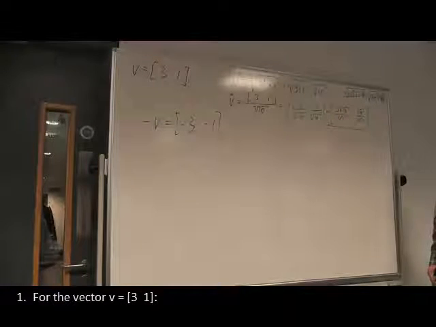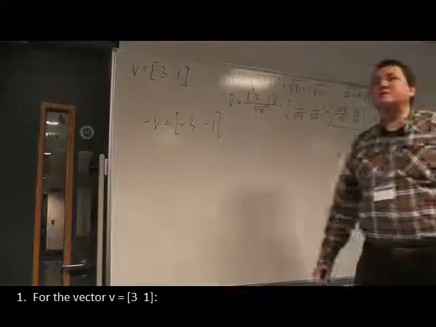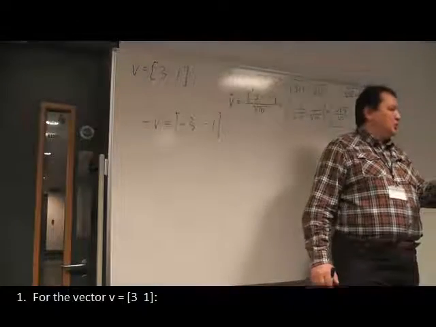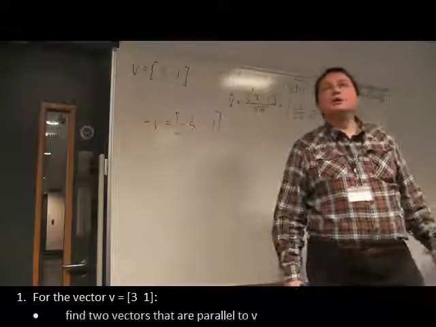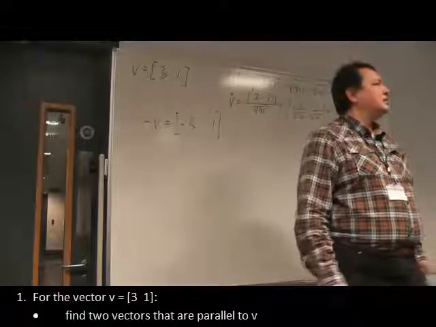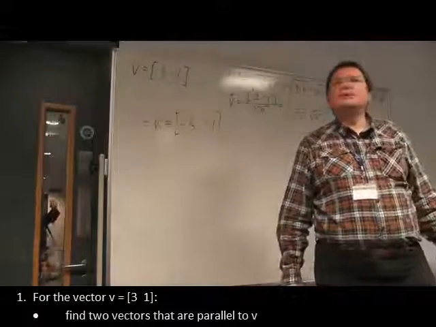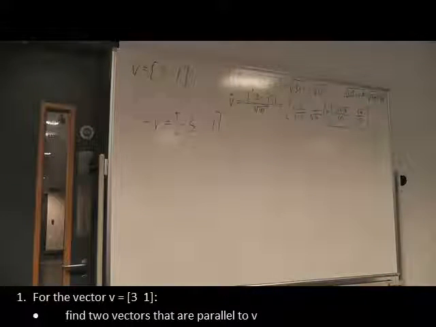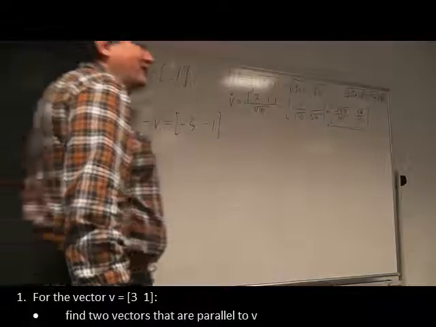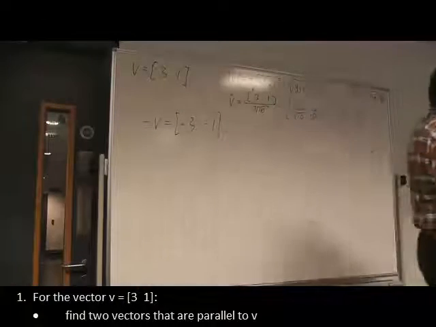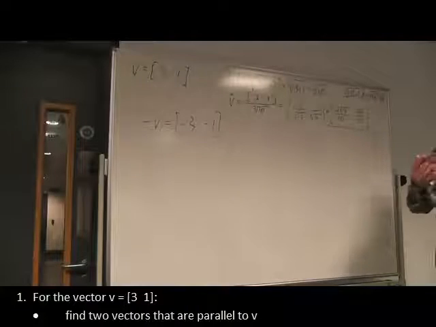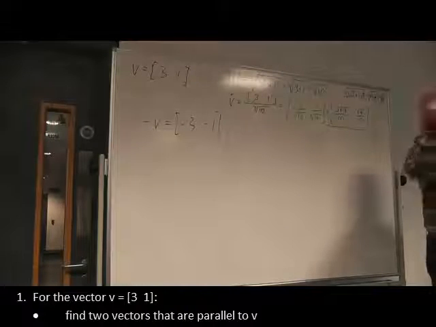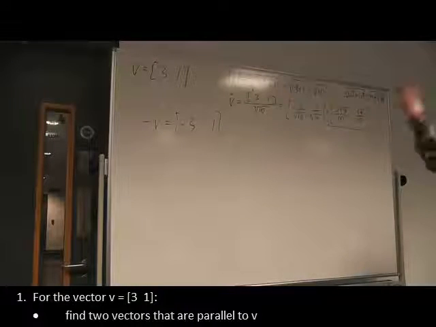The next question, has anyone got this right? 2 vectors that are parallel to v. Any answer? Yep. 6, 2. Yes, very good. So if you are asked to find a vector which is parallel to any other vector, just multiply it by any number. So I will take, as you did, 2 and 3.